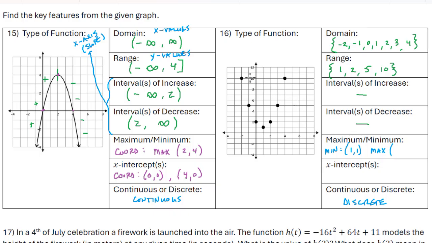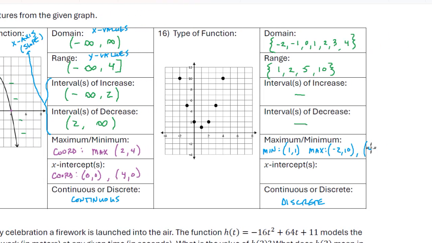So I've got a maximum point here at -2, 10. And I also have, let's put a colon here, a maximum point at, take a look at this one right here, 4, 10. Oops, going off my screen. Sorry about that. 4, 10.